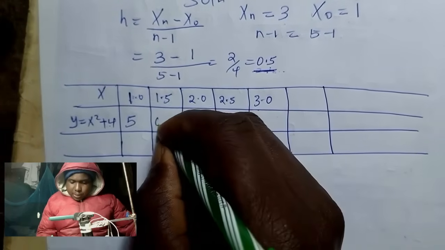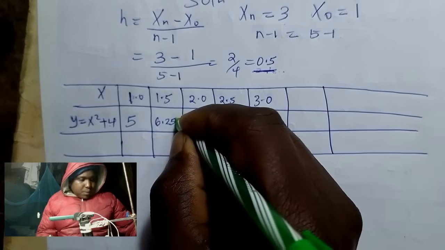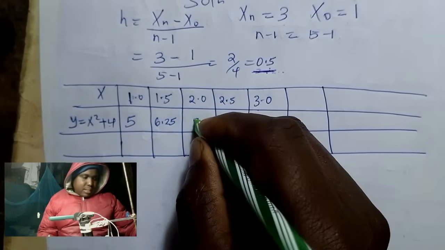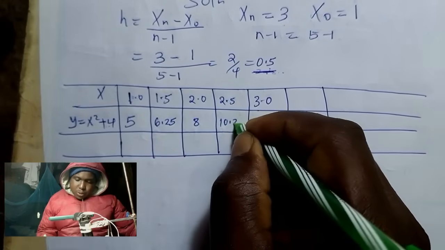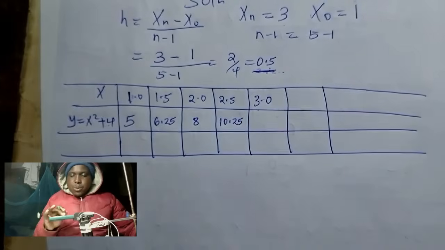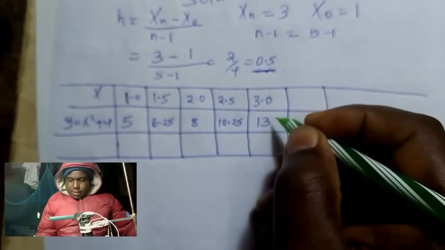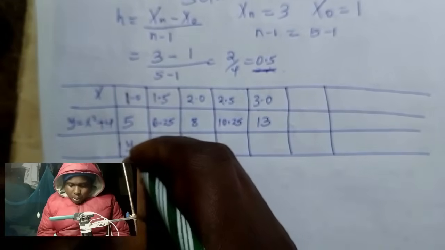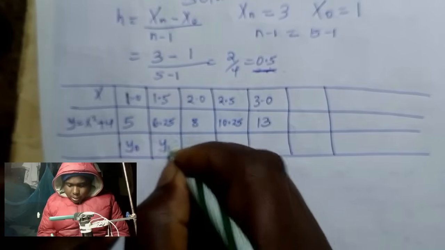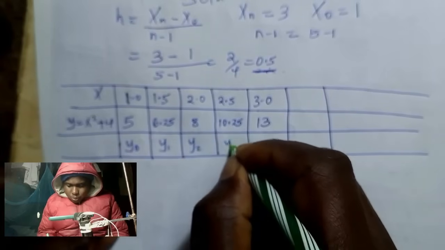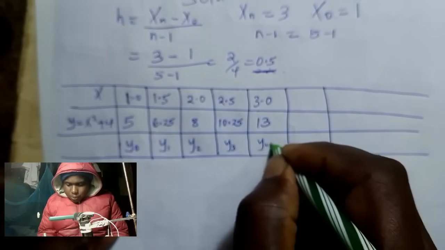It will be 6.25, 8, 10.25, and then 3, it equals 13. This will be our y naught, y1, y2, y3, y4.